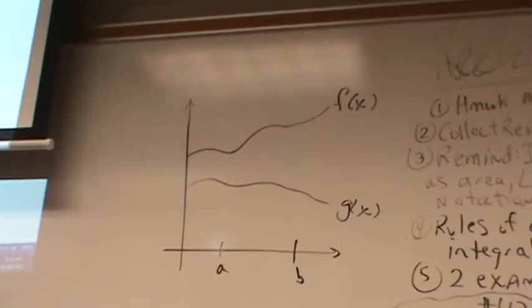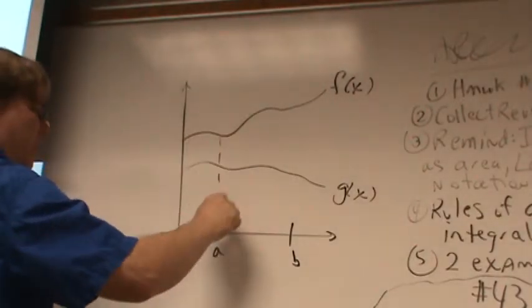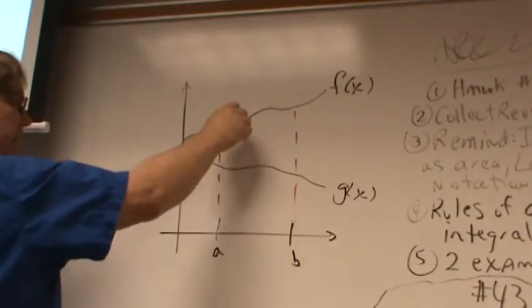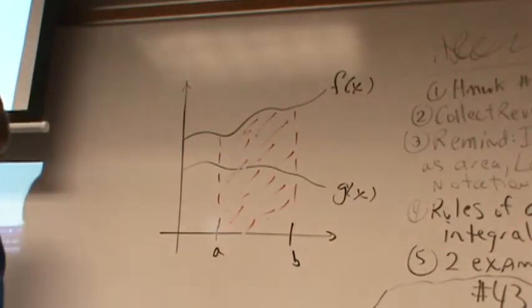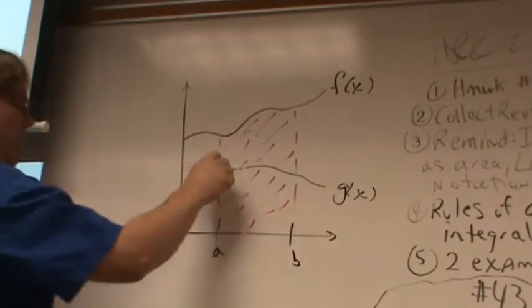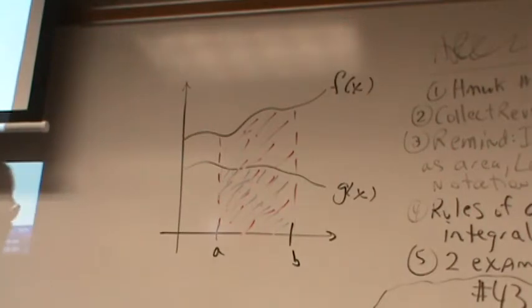Are you guys okay that what Lauren says is correct? That the area under the graph f of x is going to be greater than the area under the graph g of x if f of x is bigger than g of x, if f of x dominates g of x. You guys okay with that?